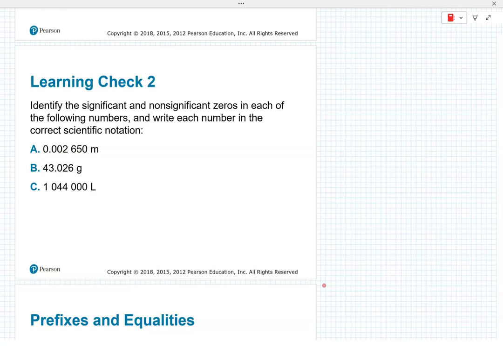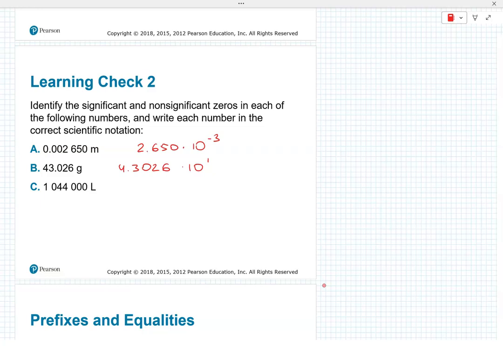Okay, significant figures for A. 4, scientific notation. Yes. B. 5 significant figures, scientific notation, multiplied by 10 to the power of 1. You write a power.